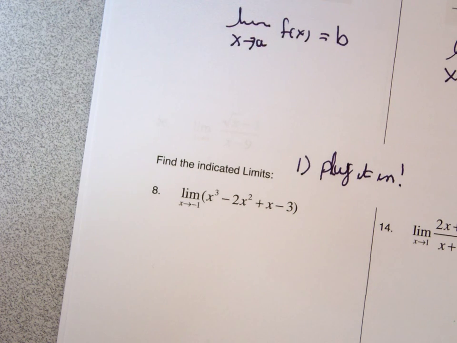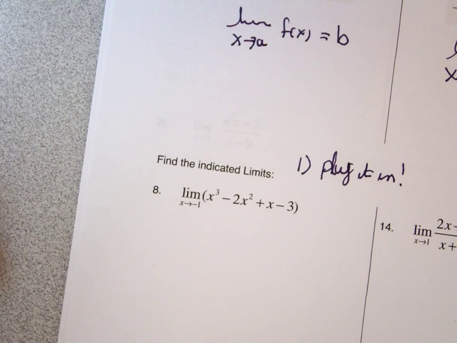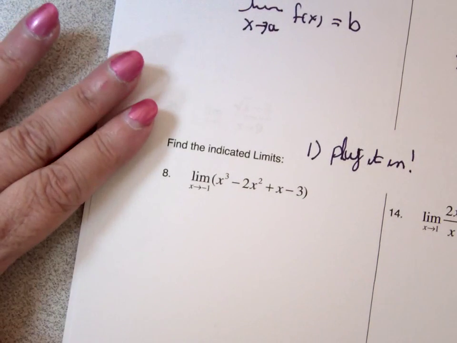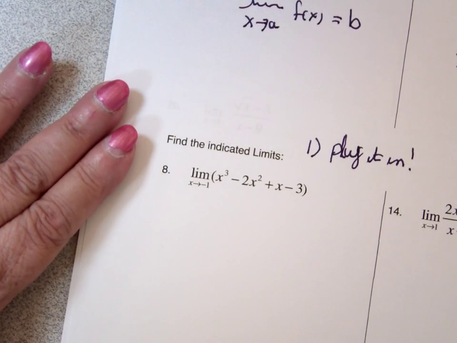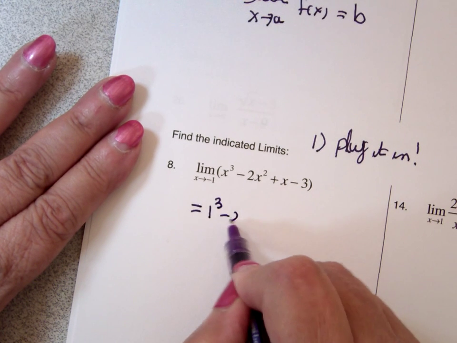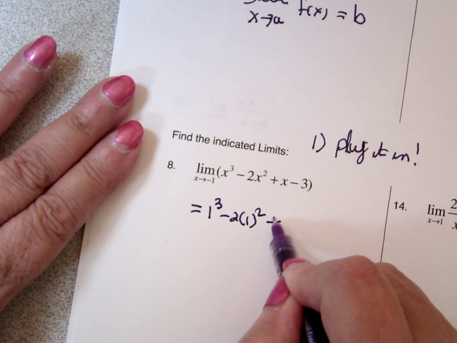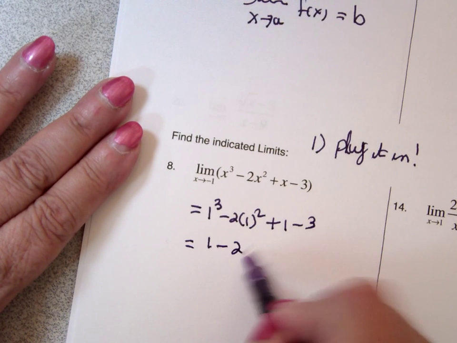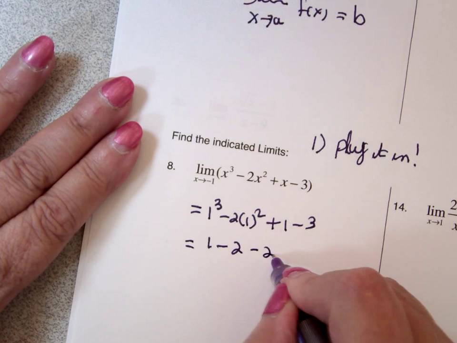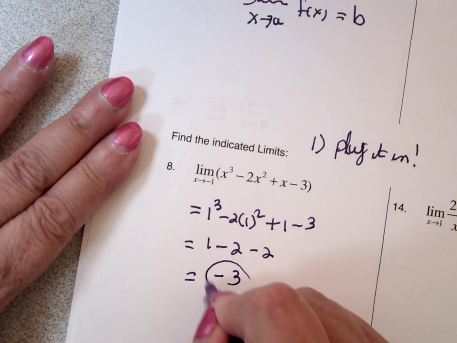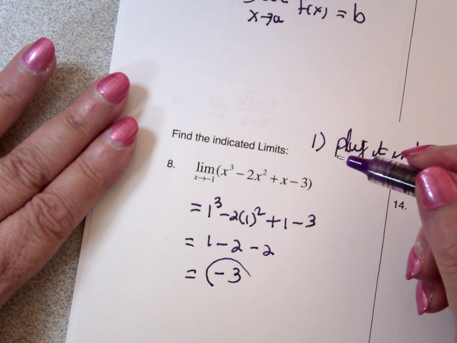Number in, something else happens, I got a problem, and then I need to know how to handle that problem. So, plug it in, and remember the limit's a y value, so this is going to be 1 cubed minus 2 times 1 squared plus 1 minus 3, which is 1 minus 2 minus 2, which is minus 4 plus 1, or minus 3. Who is negative 1?